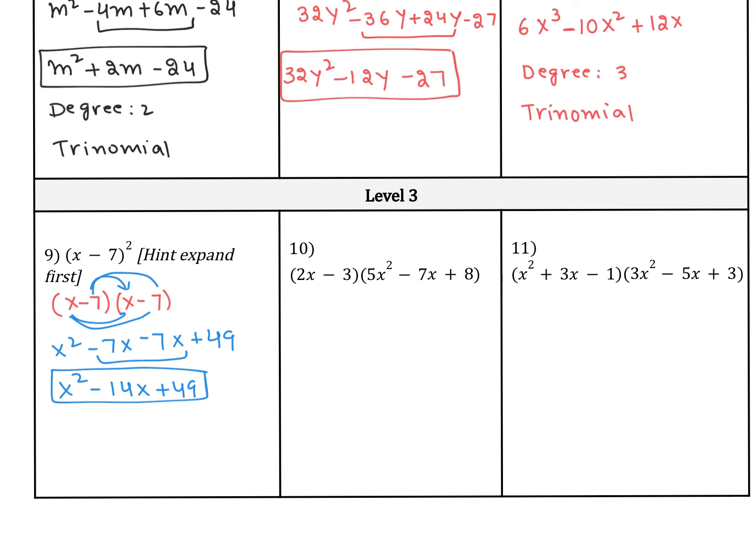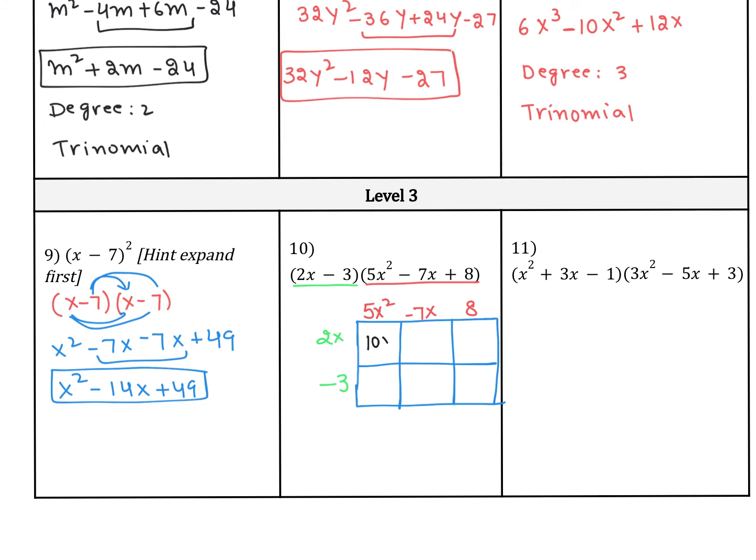For number 10, you're going to use the box method because this is more organized. For 2x times 5x squared, you write this polynomial on the top, that there are 3 terms, and the two terms are here, and then you multiply right here. So that's going to be 10x cubed. 2x times negative 7 would be negative 14x squared. 2x times 8 would be 16x.